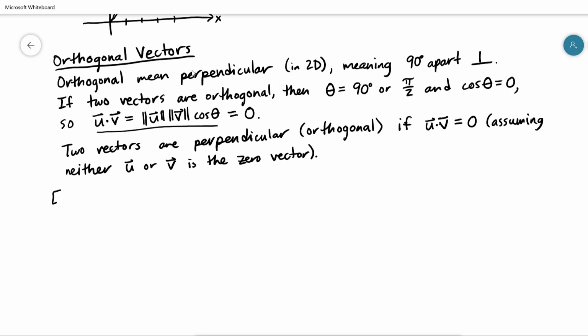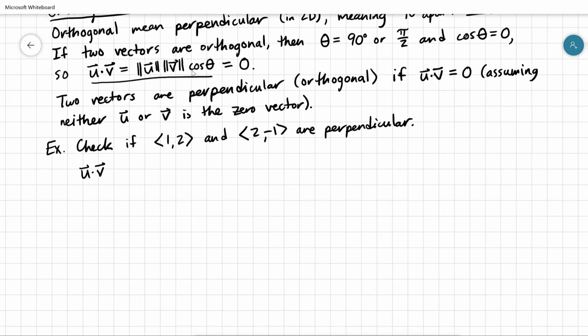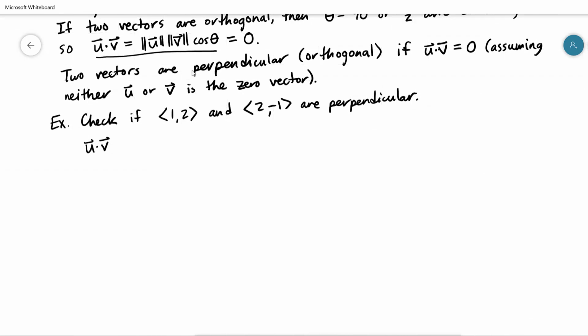So if I just want to check real quickly if the vector 1, 2 and the vector 2, negative 1 are perpendicular, all I need to do is check u dot v. If it's 0, they're perpendicular. If it's any other number, they are not perpendicular.